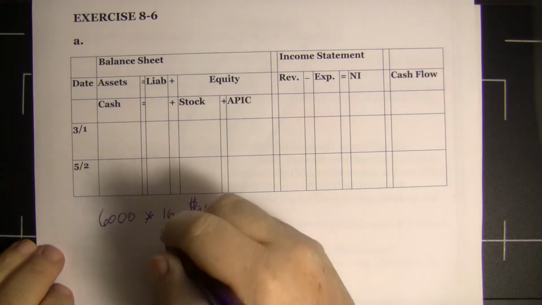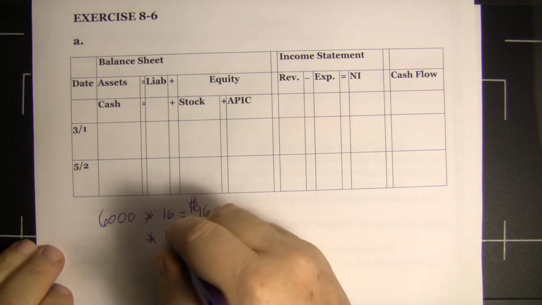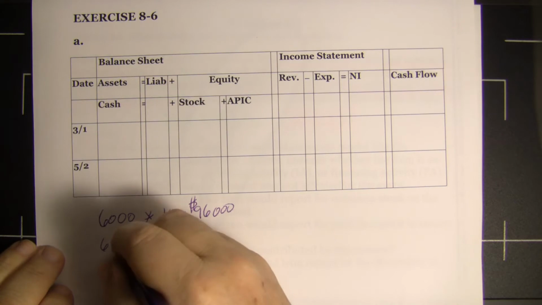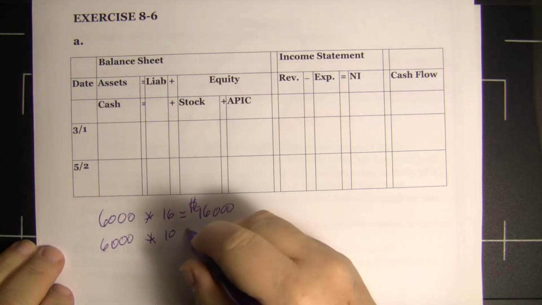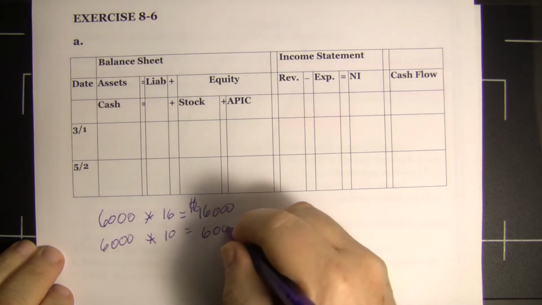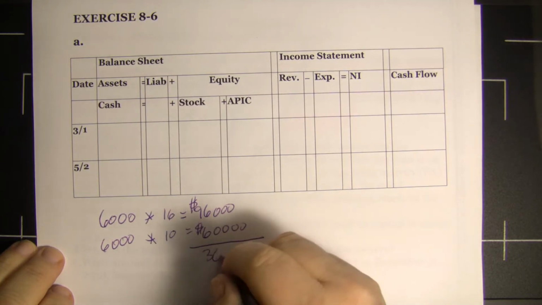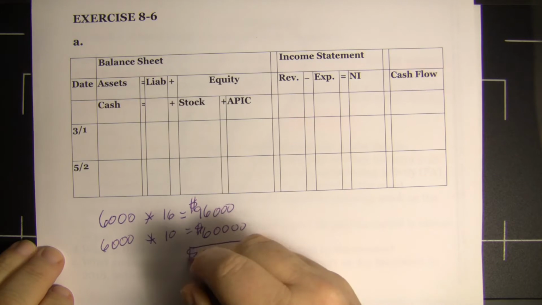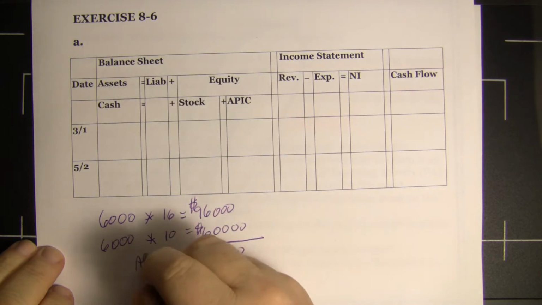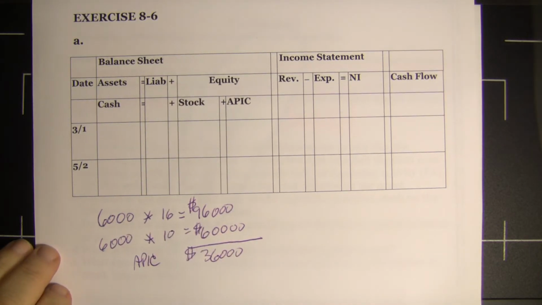Now the par value was 10. So 6,000 times 10 is 60,000. The rest is additional paid-in capital, or paid-in capital in excess of par.